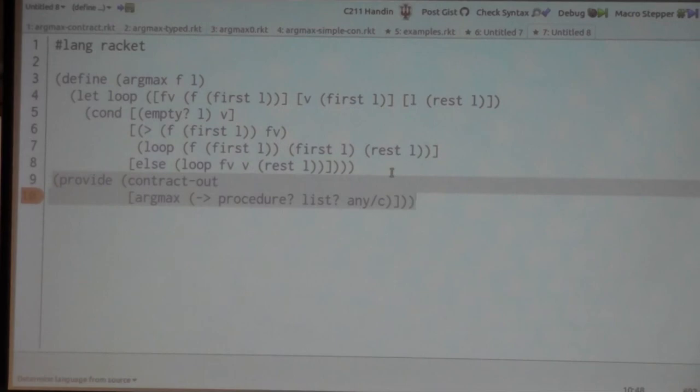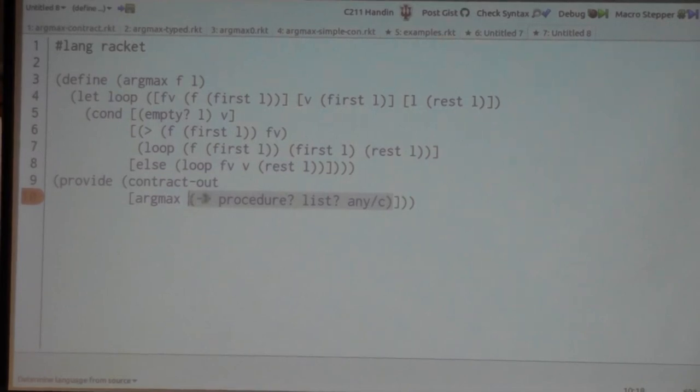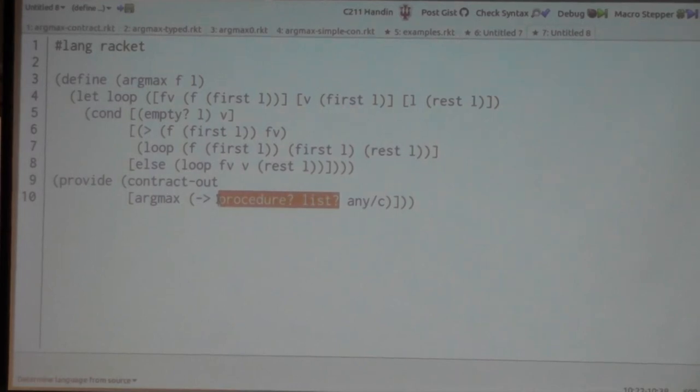This notation is a contract, and it's a function contract. That's why we write it with an arrow. Our function has two arguments. And then the thing that's distinctive about contracts is that unlike types, or maybe like types if you're Edwin, contracts are written in the same language that we write the rest of our program in.